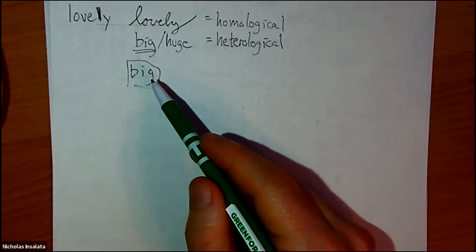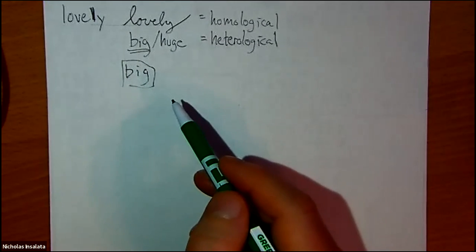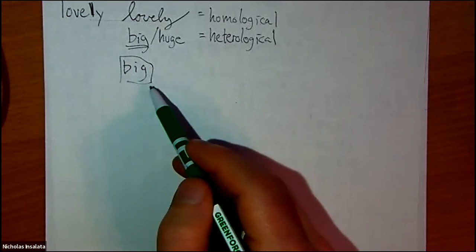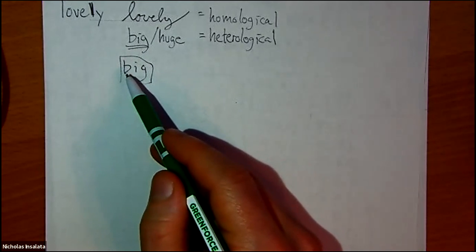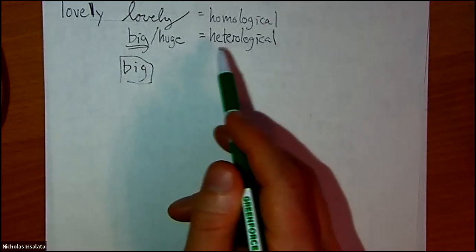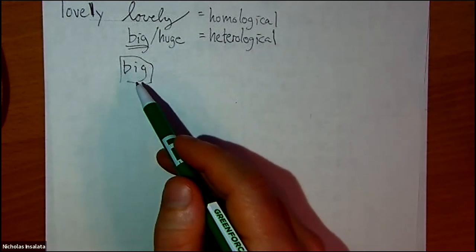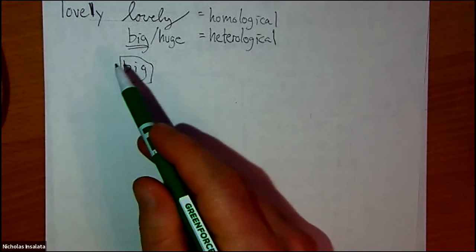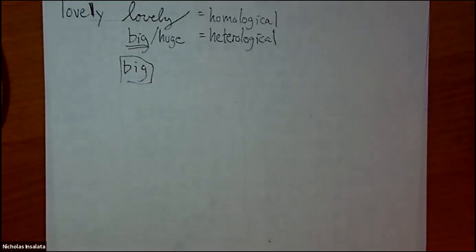Even though the word big is itself an adjective, we're not talking about the word big in that sense. We're talking about the arrangement of ink on the page when we use heterological to describe it, right? That's the description of it. So maybe that resolves your issue, Amber? Does that make sense or no?